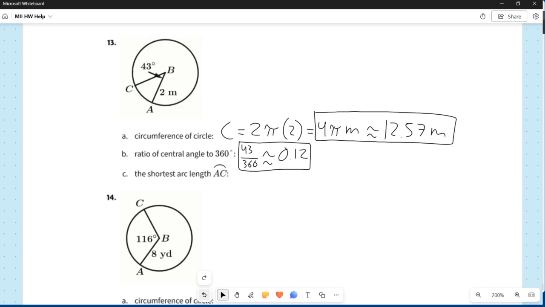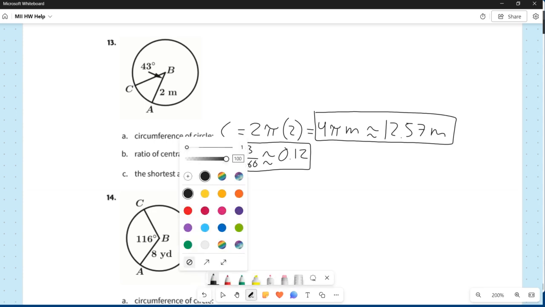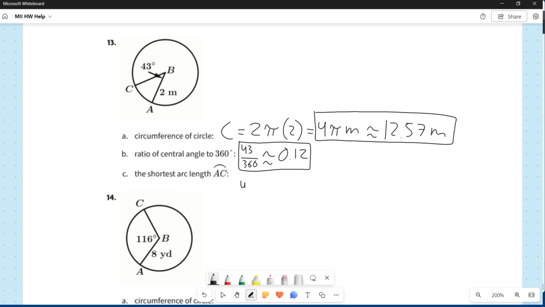So the arc length AC, all we have to do here is take our ratio, which our exact value was 43 over 360, and we want that much of our circumference, and our exact circumference was 4 pi.